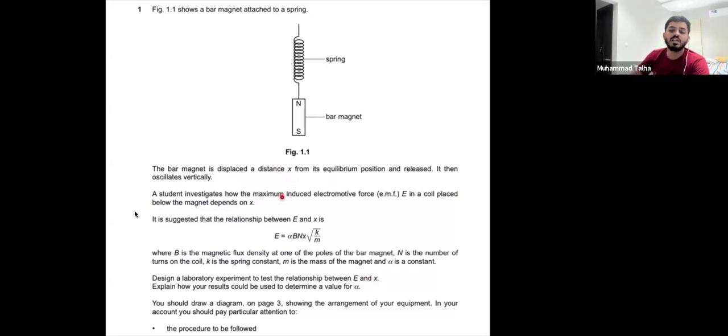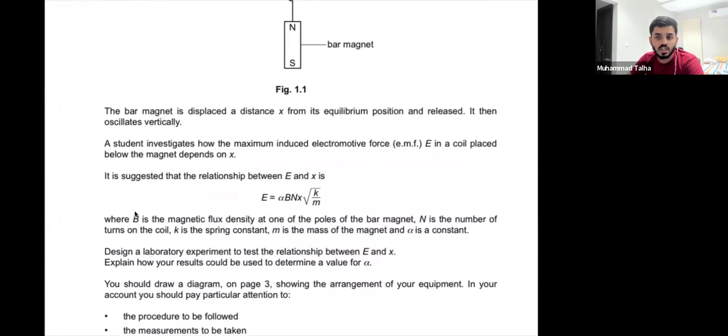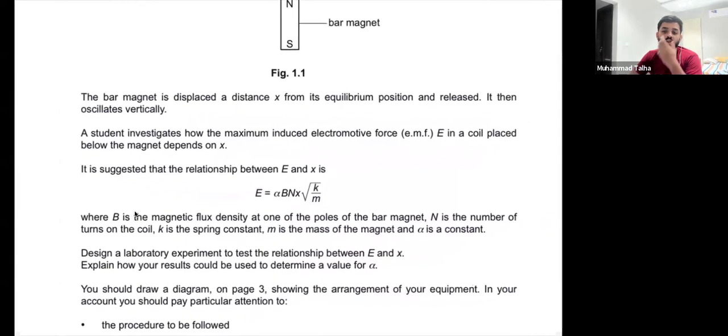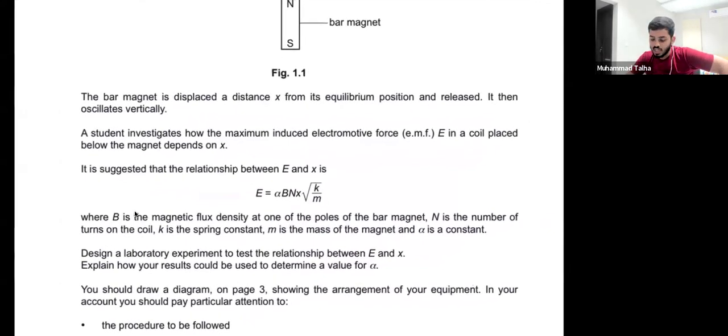So I guess everybody here can identify that you vary x. This is your independent variable, and you measure E. That's your dependent variable. Everything which is not a constant or one of these primary variables is going to be your control variables. So for example, this says E, x and alpha, right?